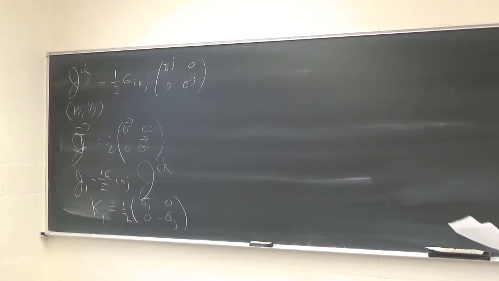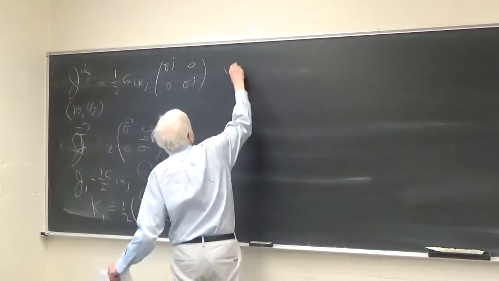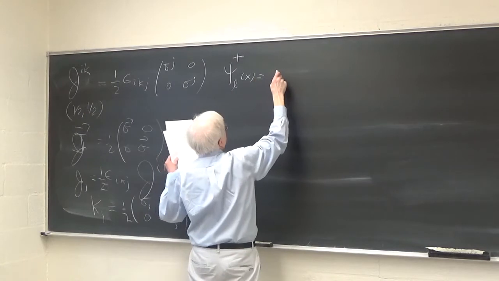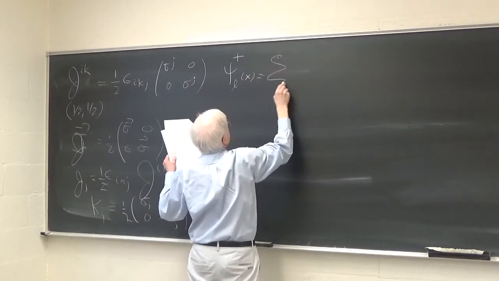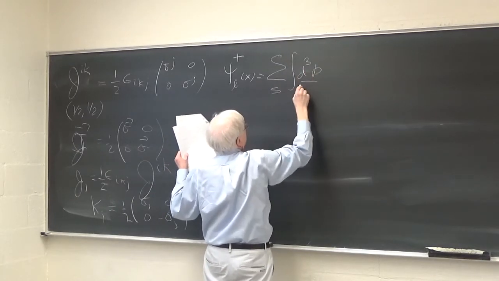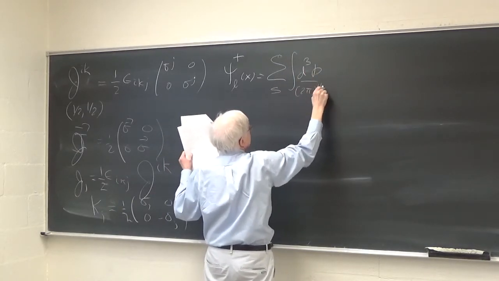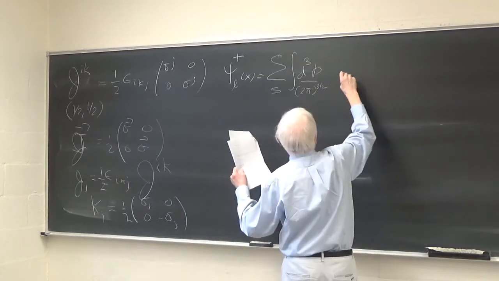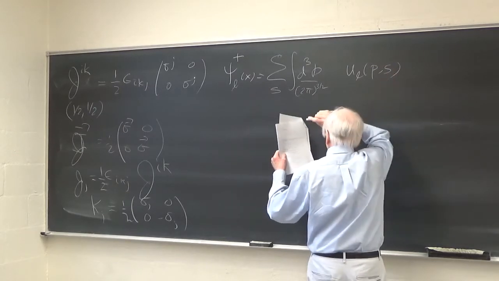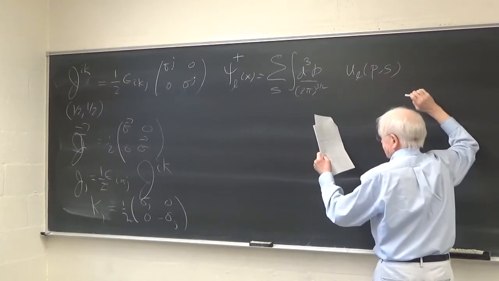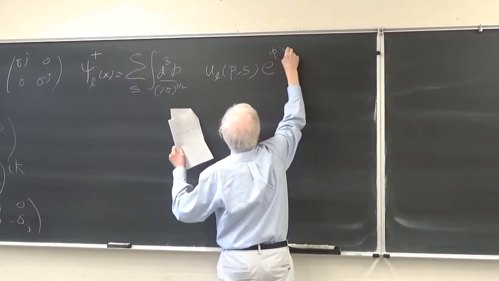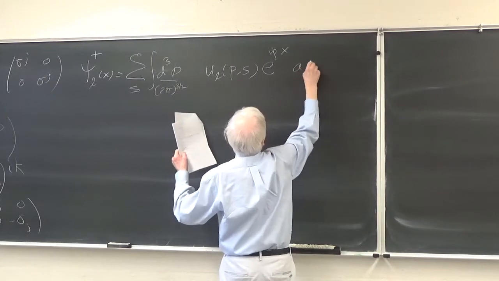Okay, so what we're going to do is write the Dirac fields this way. The positive frequency part is a sum over S, integral d³p over (2π)^(3/2), and then some u_L of p and S, and this is really vector p, but it seems to me that we can put a full vector in there and it won't hurt anything.